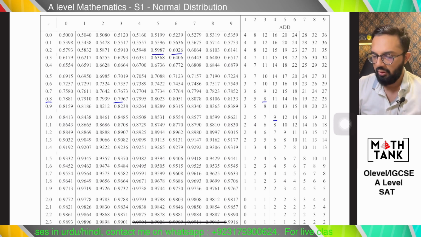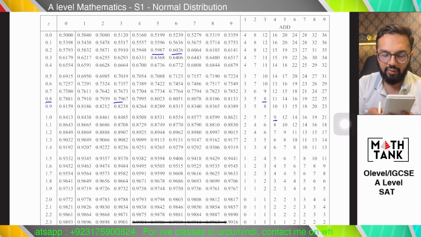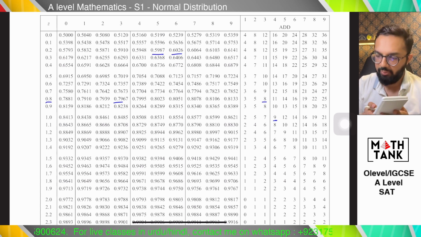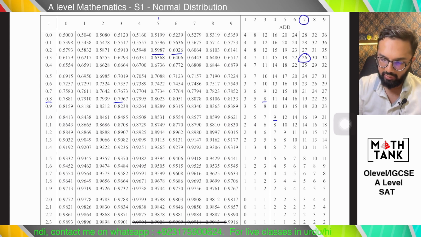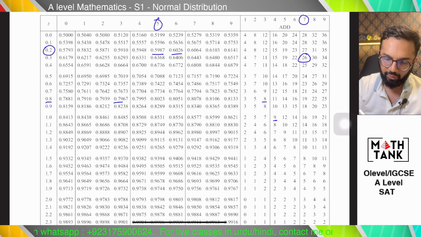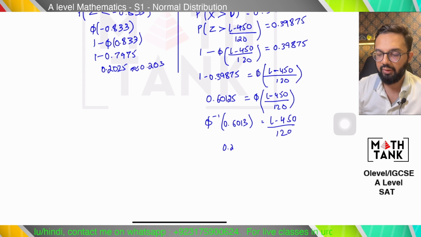How many more do I need? 6013 minus 5987, I need 26 more. So I am reading 0.257, reverse reading.